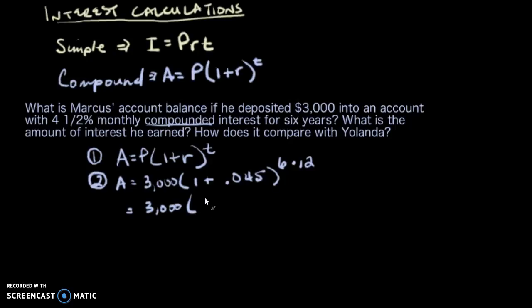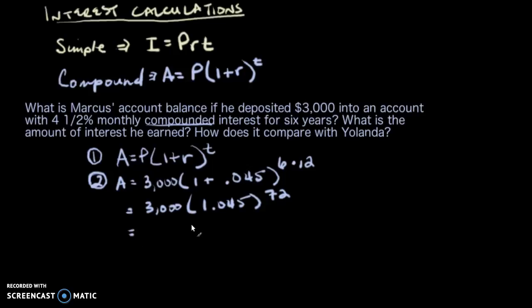And so this really simplifies down to this amount here: 3,000 times 1.045, and we take 1.045 72 times, so multiply it by itself 72 times.